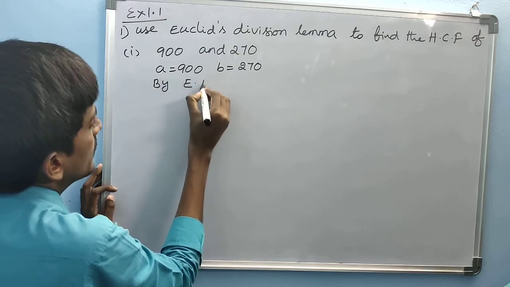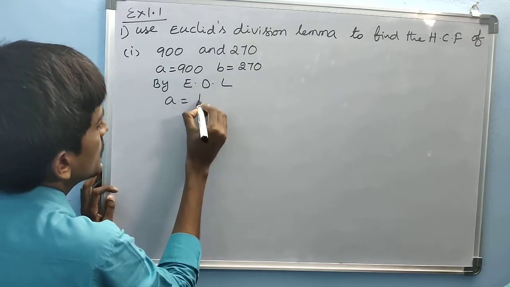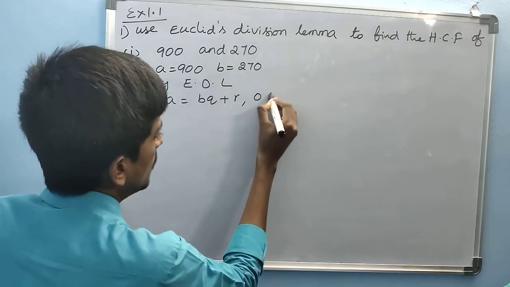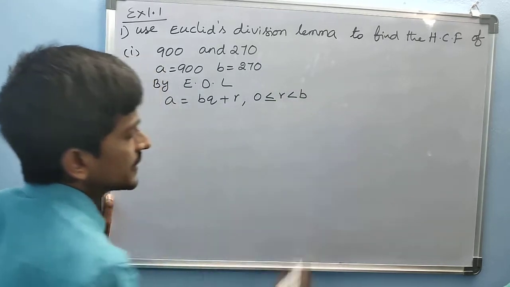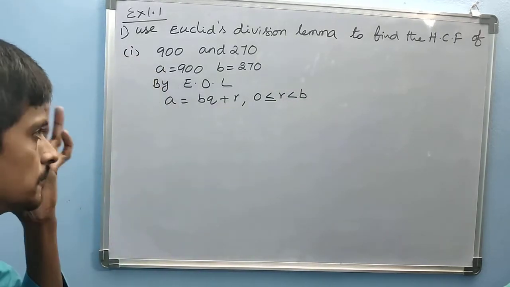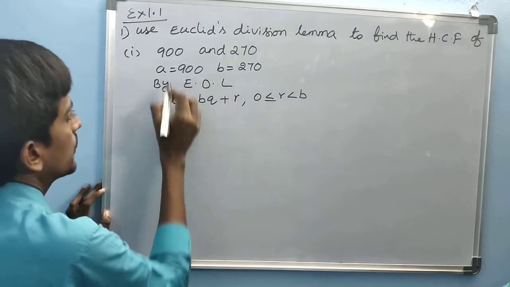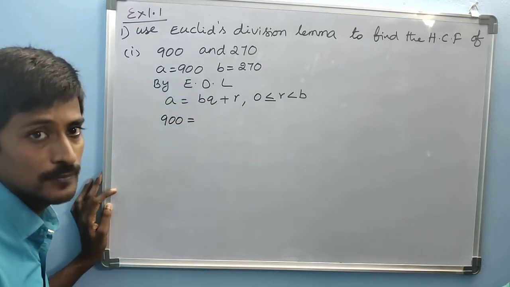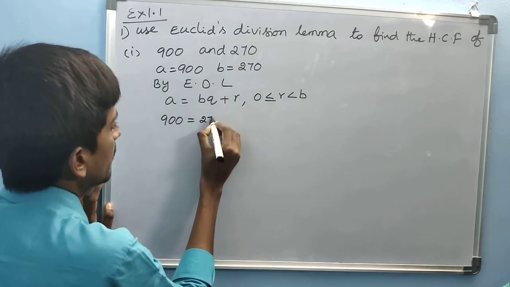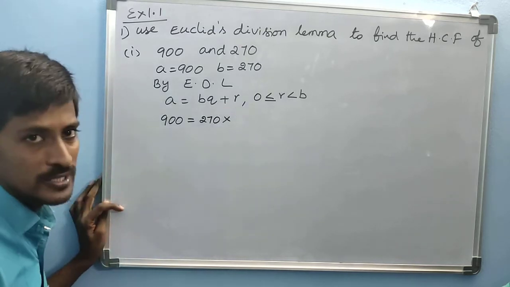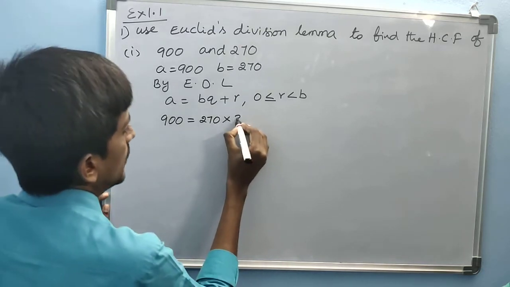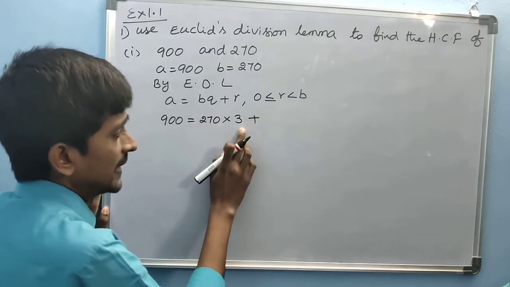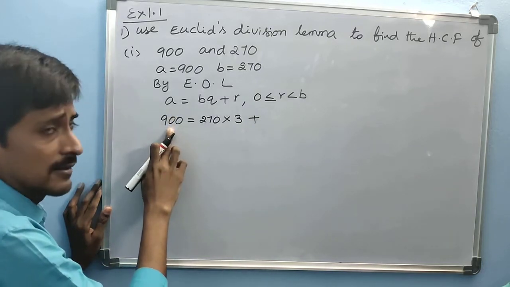By Euclid's division lemma, A equals BQ plus R. The condition is 0 less than or equal to R less than B. A, 900, equals B, 270, into 3 times, which is 810, less than 900.